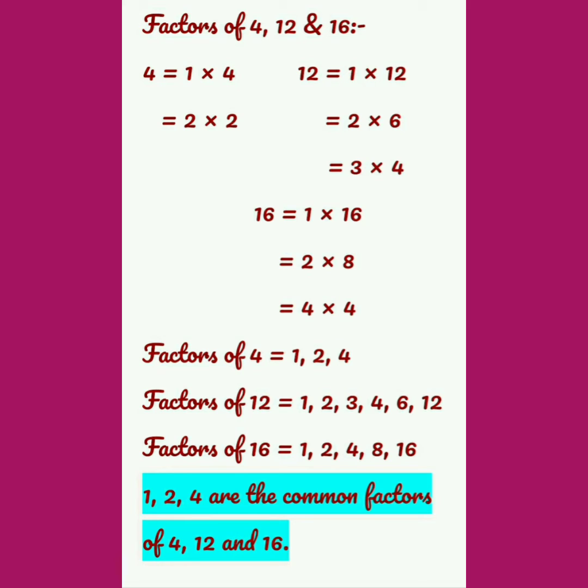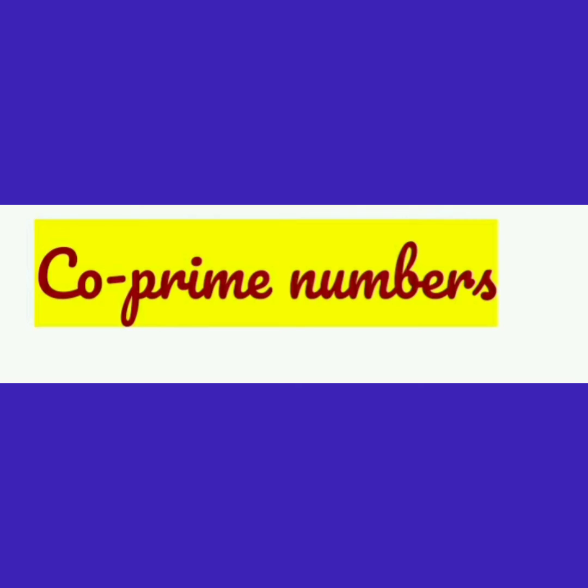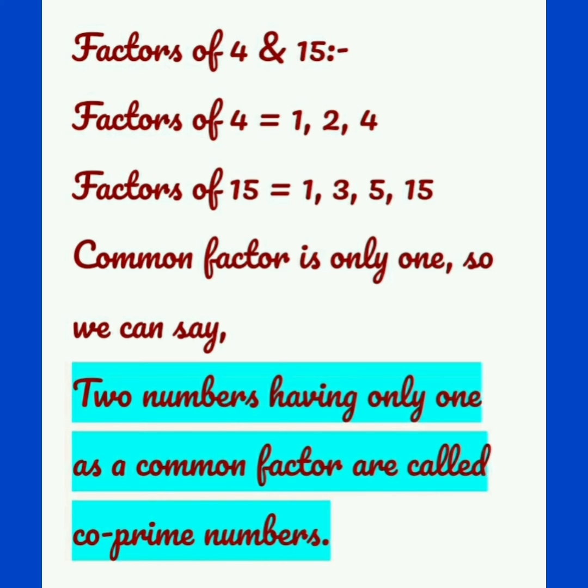Now we will see what are co-primes. We will see one example: factors of 4 and 15. As we know, factors of 4 are 1, 2 and 4. Factors of 15 are 1, 3, 5 and 15. Here we see 4 and 15 have only 1 as common factor.